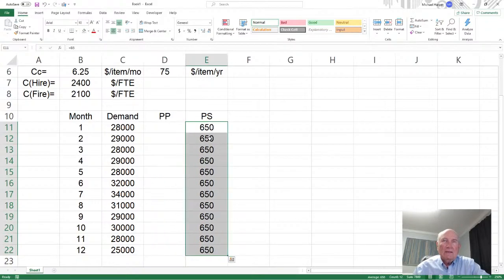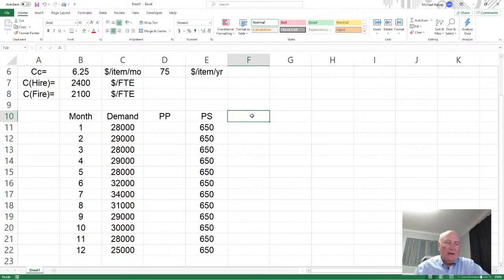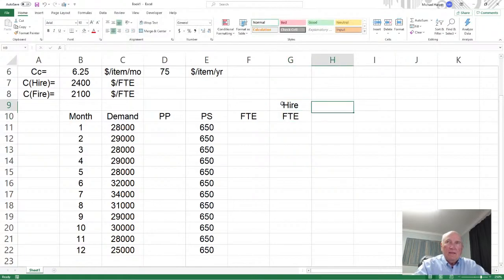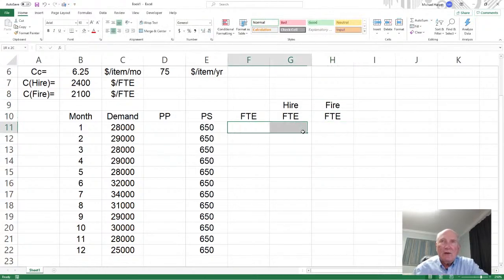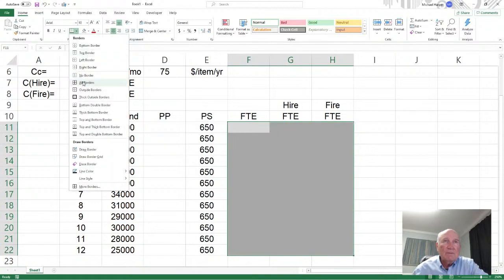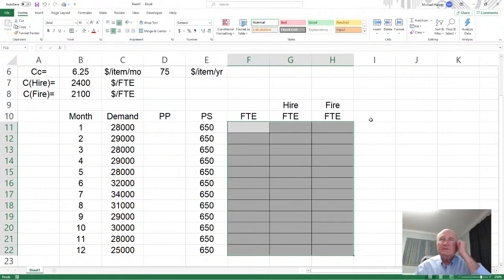Okay. Now, our FTEs, whatever our FTEs are, now remember, we're going to have a hire FTE and we're going to have a fire FTE, and these right here are going to be my decision variables. Let me come up here and shade this in. Let me use a shade here and then put the boxes back in.